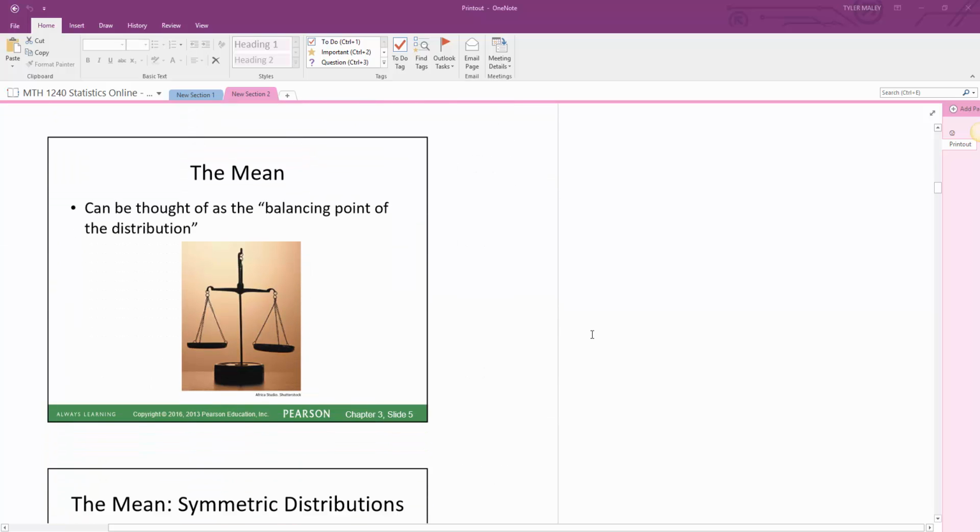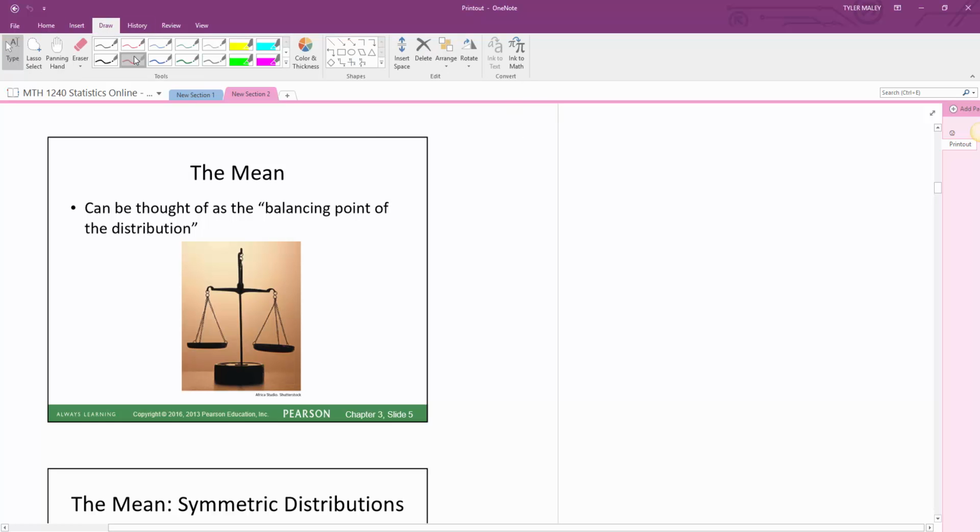So the mean, one way to think about that is as a balancing point of the distribution, right? So, for example, if I take a look at mean salaries of RNs, then what this means is I'm going to take all the money of the RNs. We're going to have a pot of money.